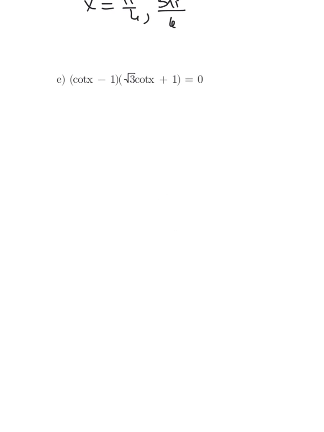On example E, we have the quantity of cotangent x minus 1 times the quantity of the square root of 3 cotangent of x plus 1 equals 0. I want to go back a little bit. If you had an equation that just said x minus 1 times x plus 1 equals 0, how would you solve that?